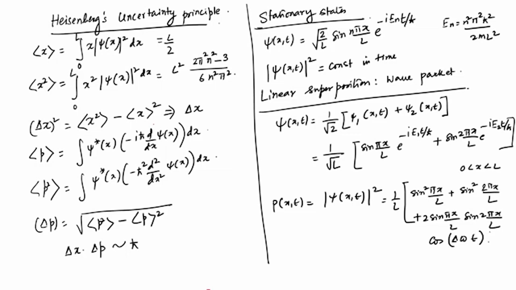That is the time part which is coming from the interference, where delta omega is nothing but E_2 minus E_1 divided by h cross. Okay.